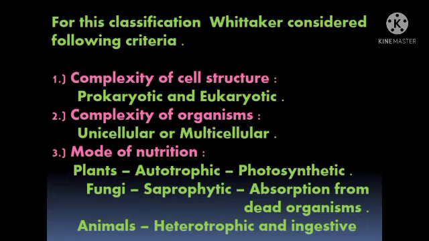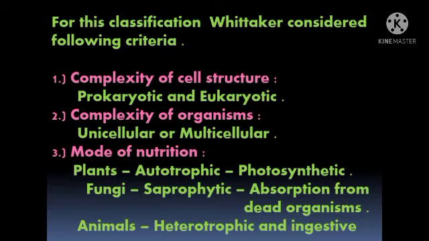The first one is complexity of cell structure. So students, under the cell structure complexity, two terms come. First one, simple cell structure, and the other, complex cell structure. So here you can see prokaryotic and eukaryotic.